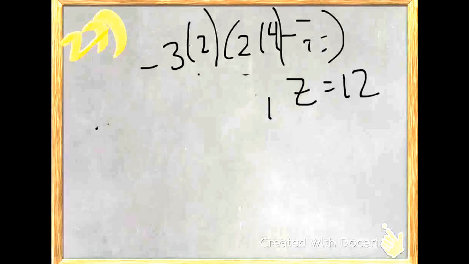And the z will be 12. Okay, let me make sure I erase that correctly. Negative 3y, 2x minus z. Okay.